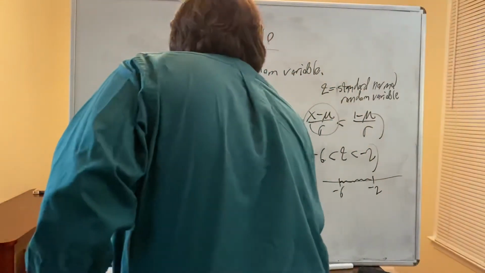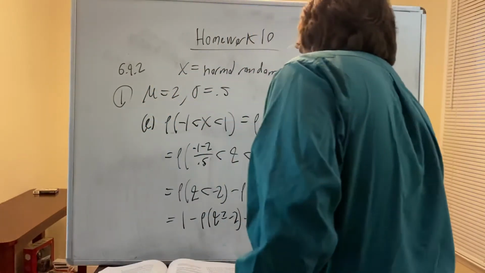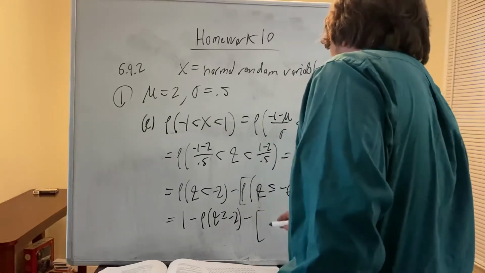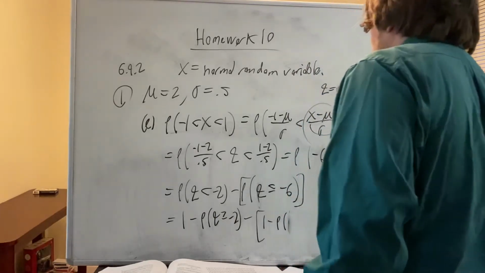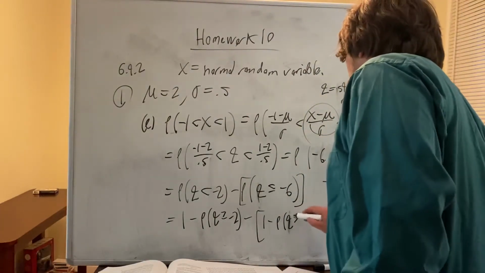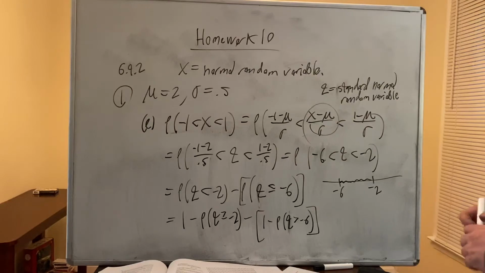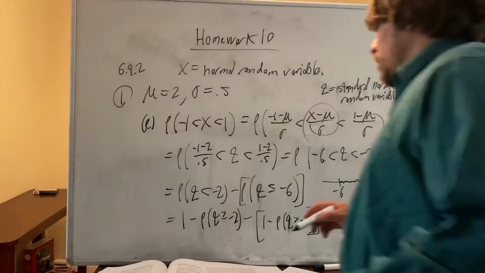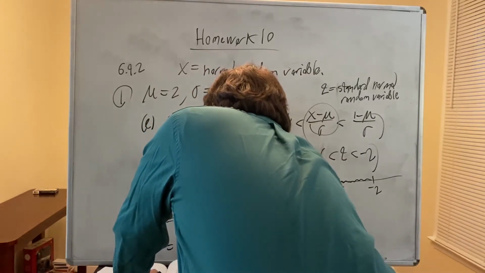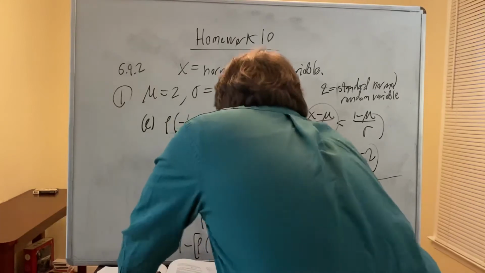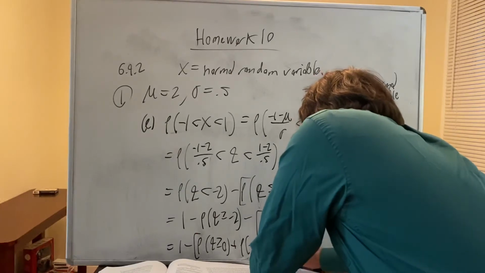So this is 1 minus the probability that Z is greater or equal to negative 2, minus this thing, which is 1 minus the probability that Z is greater than negative 6. So this is equal to 1 minus the probability that Z is greater or equal to 0 plus the probability that negative 2 is less than Z less than 0.